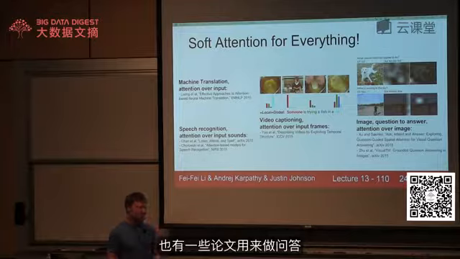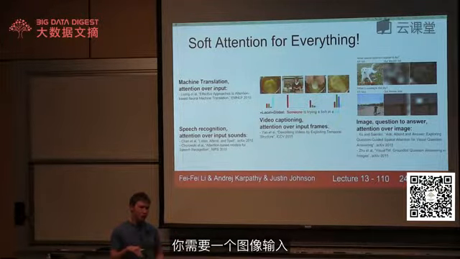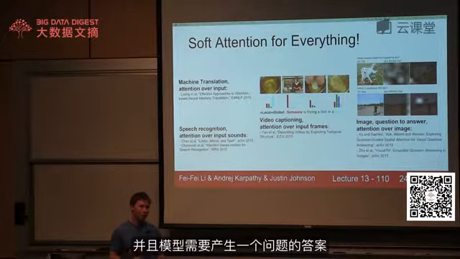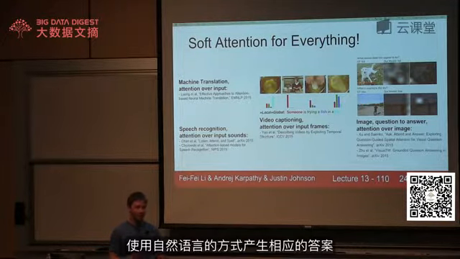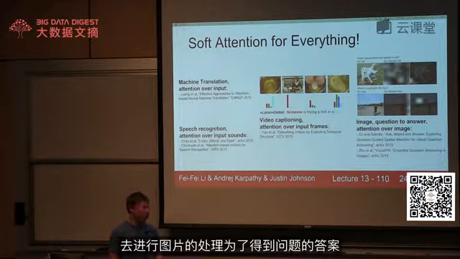There have also been a couple papers for this task of question answering. So here, the setup is that you read in a natural language question, and you also read in an image, and the model needs to produce the answer to that question in natural language. And there have been a couple papers that explore the idea of spatial attention over the image in order to help with this problem of question answering.